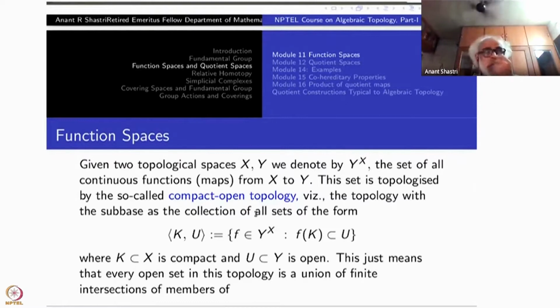The subbase consists of these, like inner product notation, bracket K, U: all those functions which are continuous from X to Y such that they take the compact set K, f of K, inside U. This should remind you that we are more or less using some kind of continuity and epsilon delta condition, U playing the role of epsilon and K playing the role of the delta neighborhood, but there is no point reference. This should be for all.